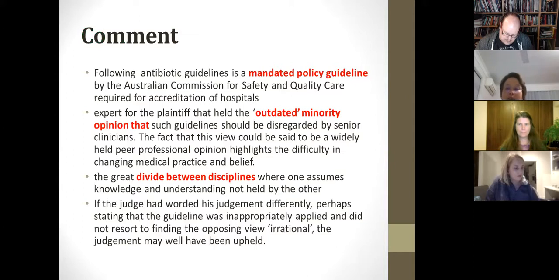Also, because the judge and the experts were in such different disciplines, he assumed that the judge would understand what he was saying, but obviously he didn't. It makes you wonder that if the judge had worded his judgment somewhat differently, saying he preferred one opinion to the other instead of calling it irrational, it might not have been open to appeal.